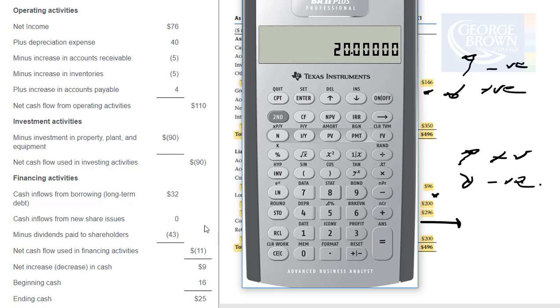And then our net cash from financing was a negative 11, so we subtract the 11. And so you can see our net increase or decrease was 9, and we add that to our beginning cash at the beginning of the year. The end of 20X1 is the beginning of 20X2, and we get our ending cash of 25, which we see on the balance sheet, okay?